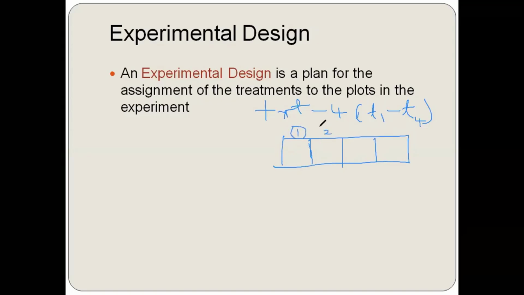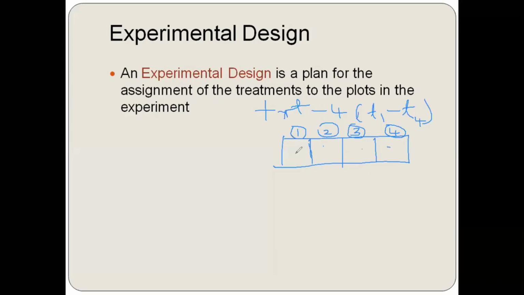This is the second experimental unit. This is the third experimental unit. This is the fourth experimental unit. So now, which treatment is going to come into the first experimental unit? Which treatment comes to the second experimental unit? Which comes to the third experimental unit, and which treatment comes to the fourth?